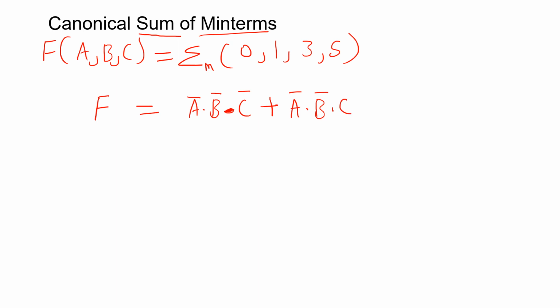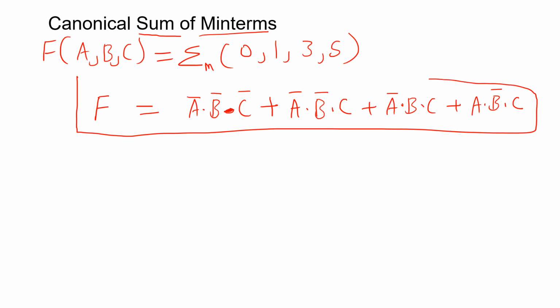Then the minterm for 3, which will be a bar, b and c. Similarly, you write the minterm for 5, which will be a dot b bar dot c. And this will become your canonical sum of minterms. This is known as canonical sum of minterms, and this is your expression.